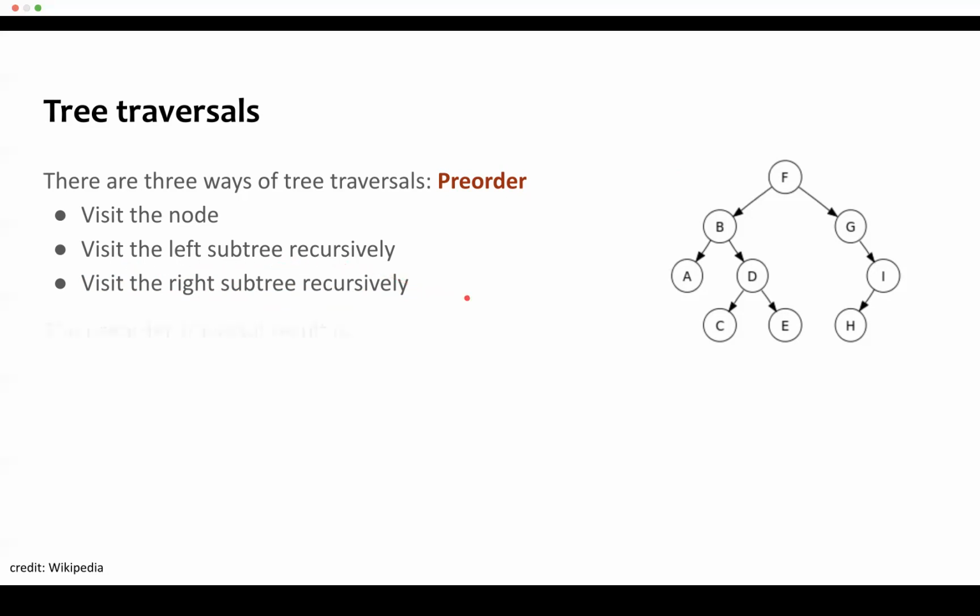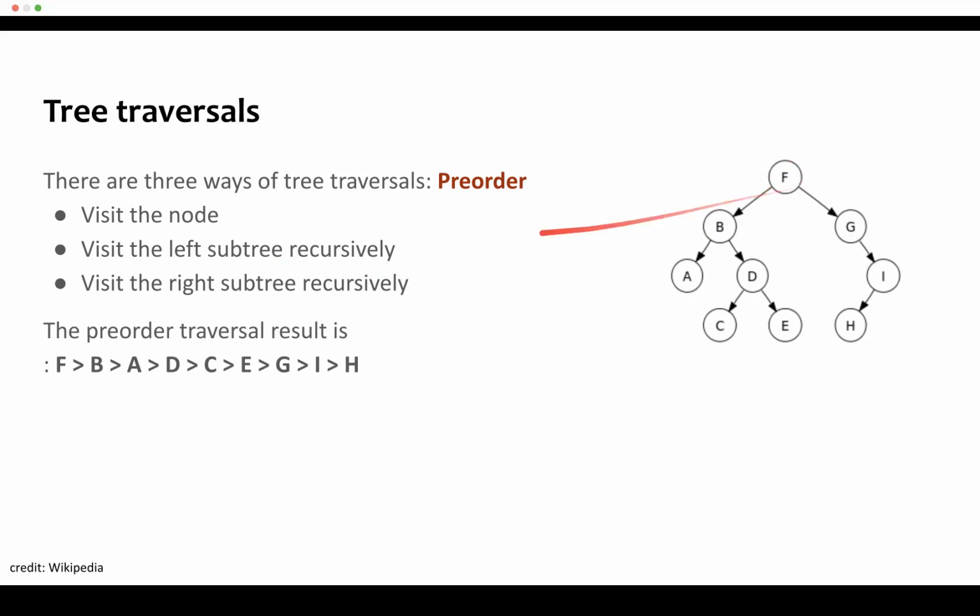So in this scheme, the pre-order traversal result is going to be, you first visit F, because we start from the root, and we visit the node itself first, and then process the children of this node.